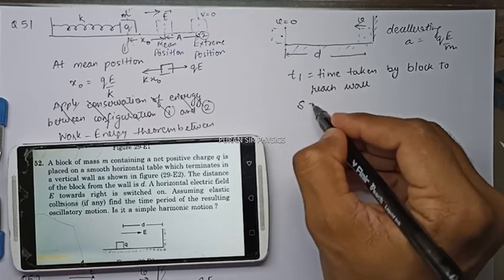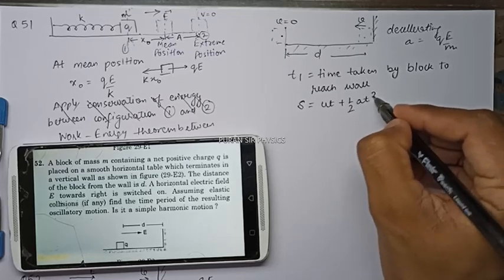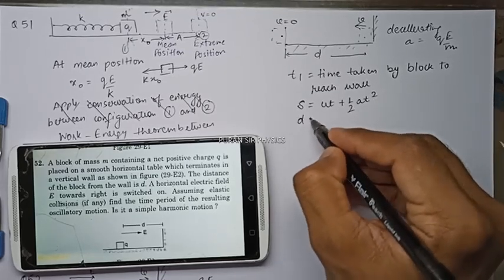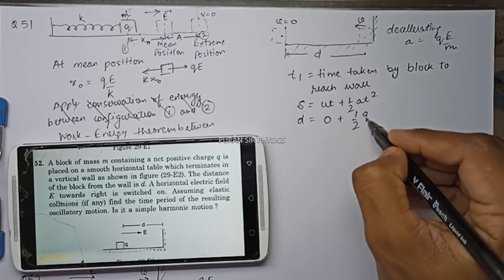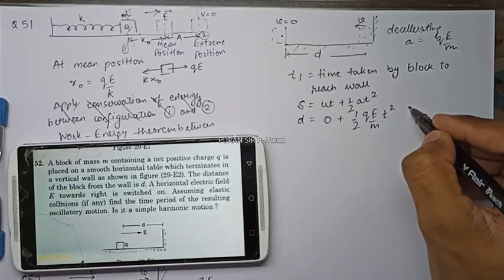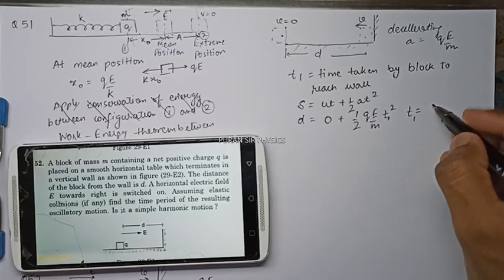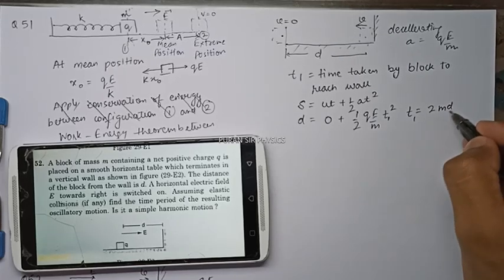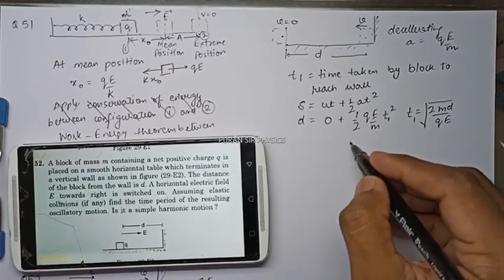So we can apply s equals ut plus half at square. From here the time can be calculated. Your s is d, u is 0, and a is QE by m, so half QE by m t square. So from here your t1 comes out to be square root of 2md upon QE.